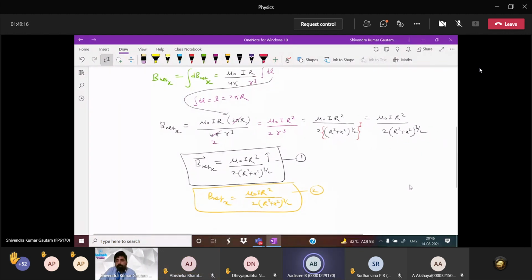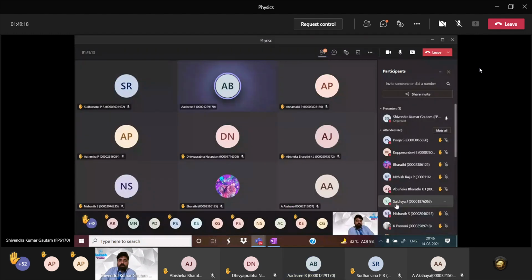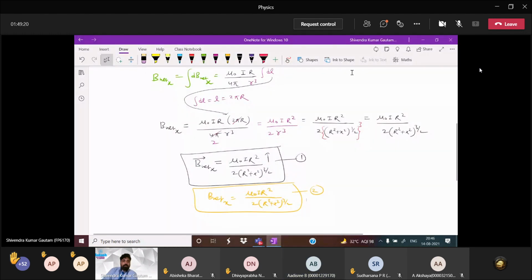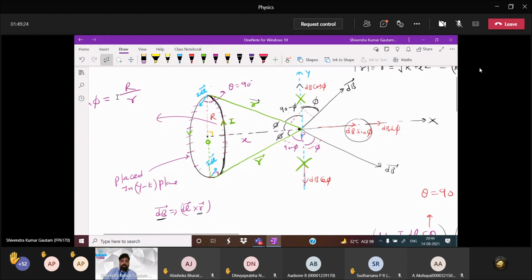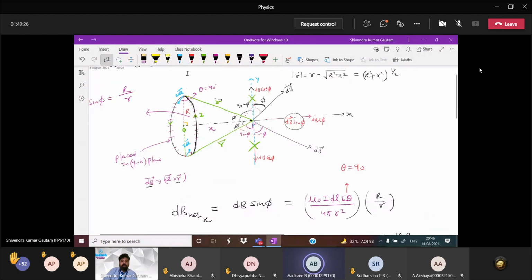Understood, sir. Note it down. Yes, sir. Proper diagram, everything in the diagram.